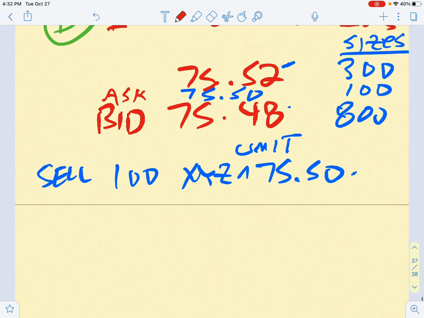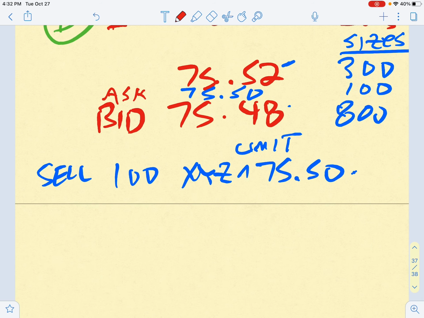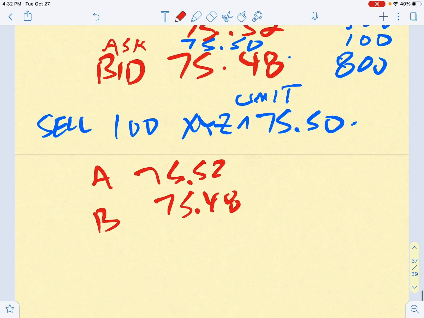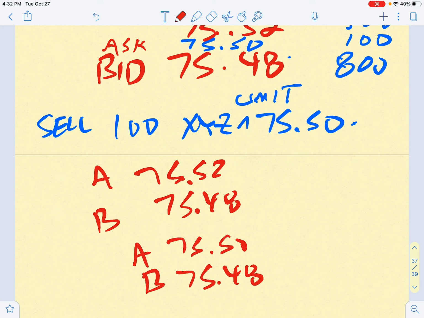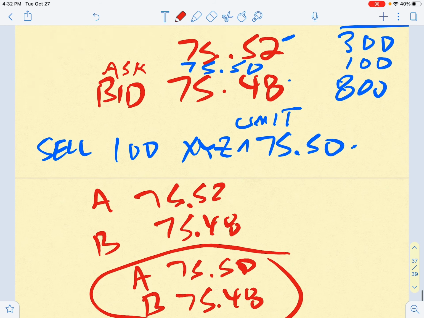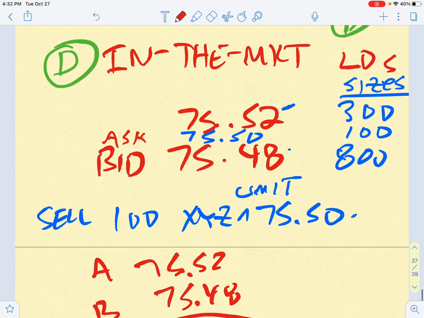In this case, the market had been 75.48 bid, 75.52 ask, but the arrival of this order made a new market. The new market is this: bidding 75.48, asking 75.50. So that's an example of an in-the-market limit order to sell.